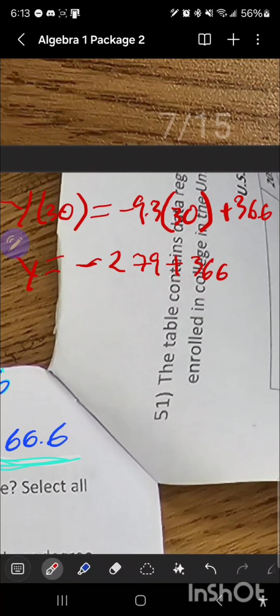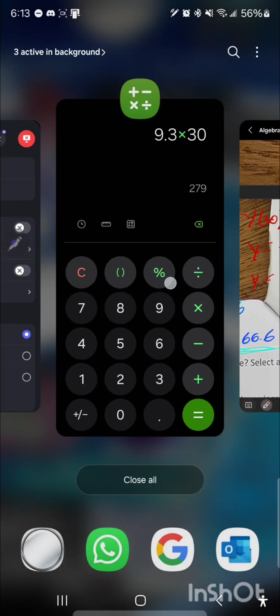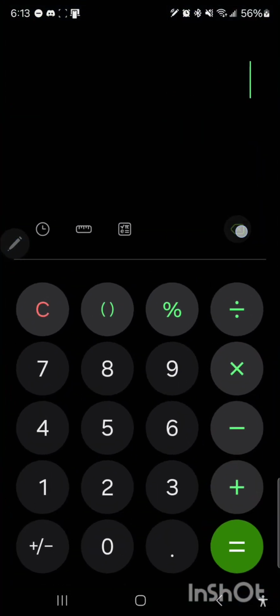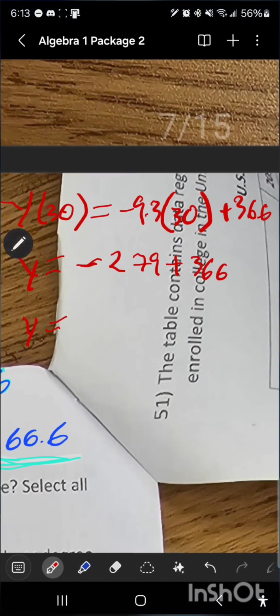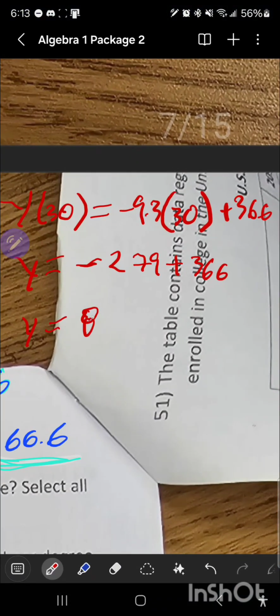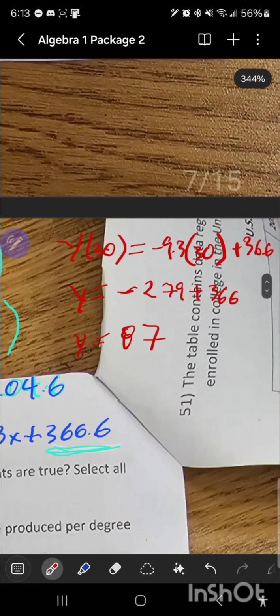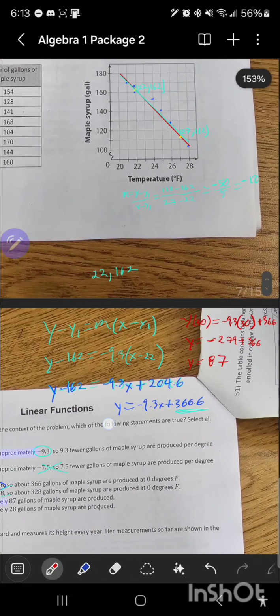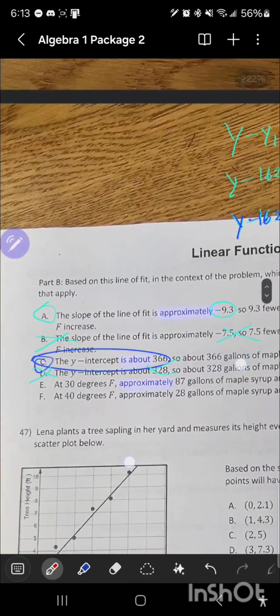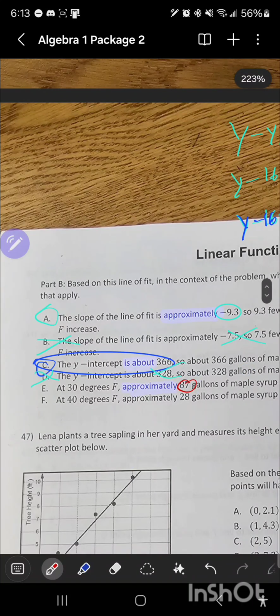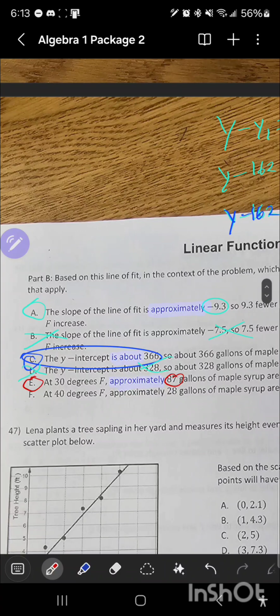The bigger one is 366, so our answer will be positive. And we say 366 minus 279, which is 87. So that's our answer when the temperature is 30 degrees. So E is true. Now let's see if F is also true.